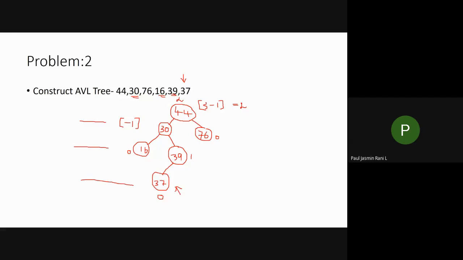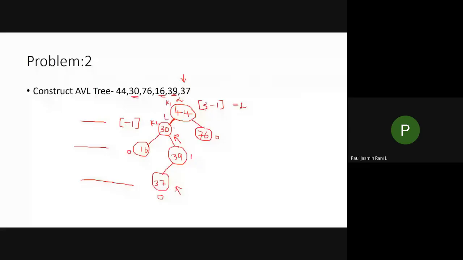Where is this node inserted? You have to see that from the parent node. So where is it inserted? This is the left subtree. Now let us consider this as the K1 node, and this is your K2 node. Now you have to see where this particular node is constructed. So this is the left and this is your right.